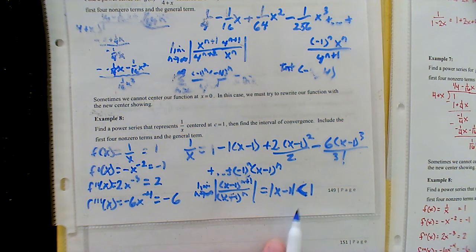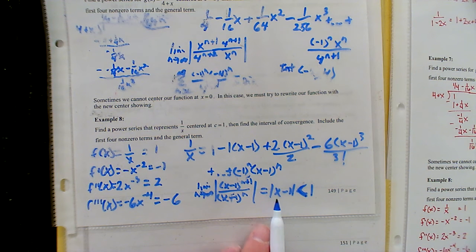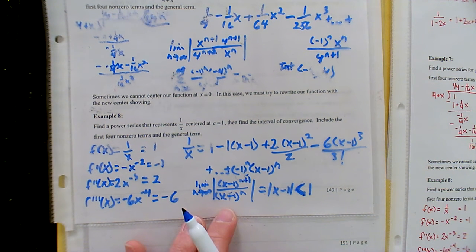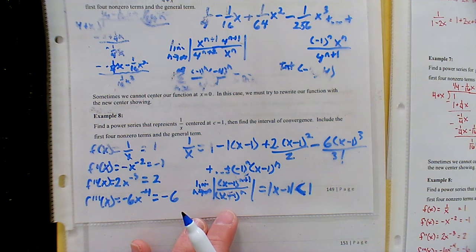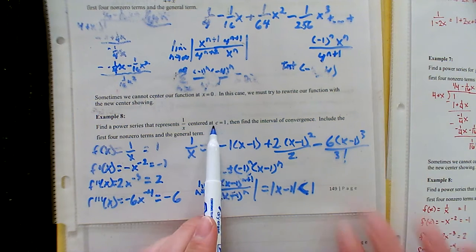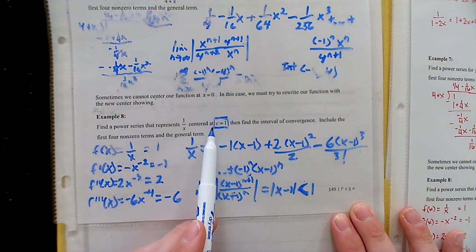So in this case, do I need to add the 1 to the other side? Need to be careful with this one. Do I need to add 1 to the other side? Shaking your head, Caitlin. Why not? Because that's where it's centered at. Exactly.